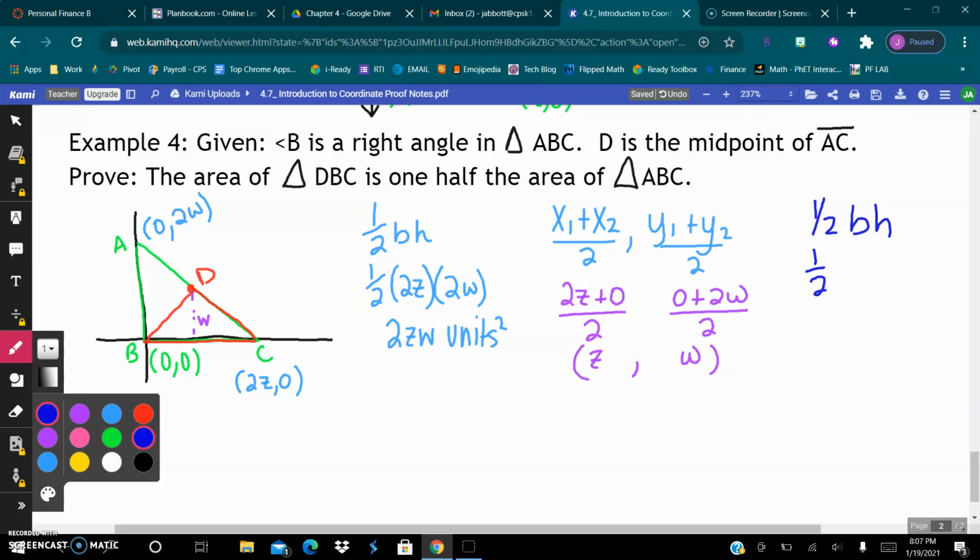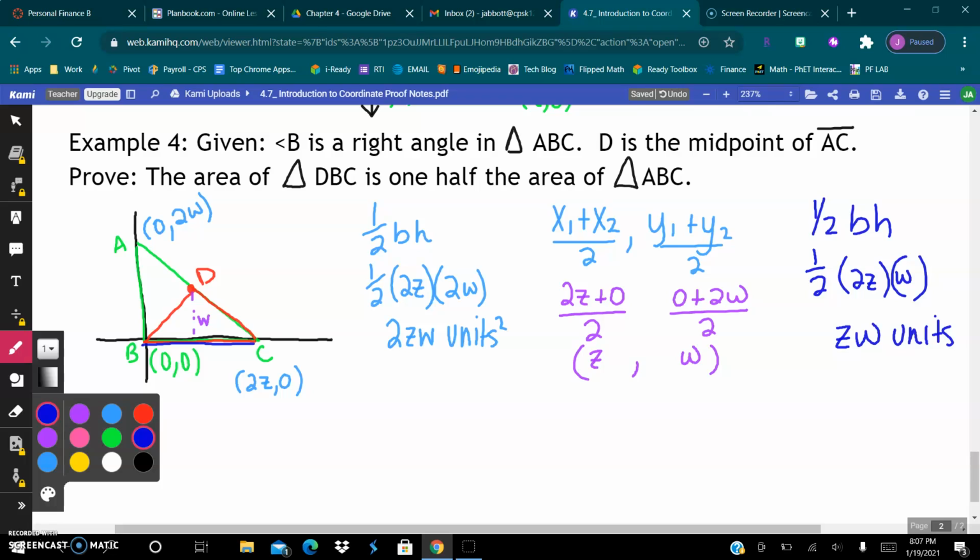And the base, remember, we went over 2Z here. So the base is 2Z. And the height we just figured out was W. So if I multiply the numbers I have 1/2 times 2. So 1/2 of 2 is 1. And then I have Z times W. And that would be units squared.